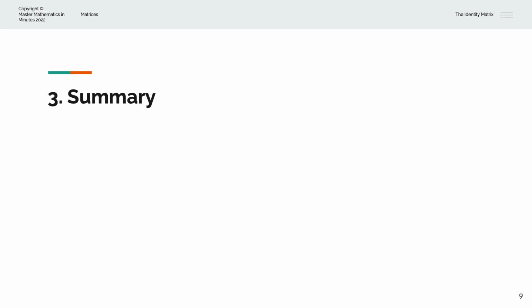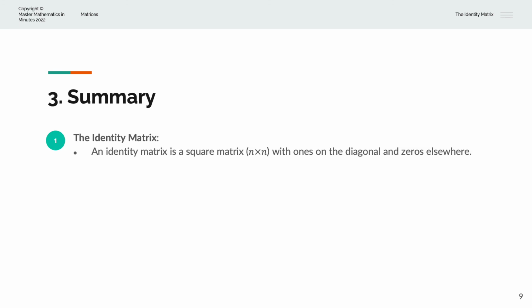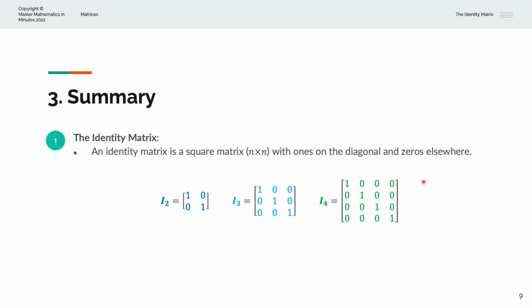To summarize, we've discussed the identity matrix. An identity matrix is a square matrix of order n by n, for example, with ones on the diagonal and zeros elsewhere. So these are a couple of examples of what an identity matrix could look like.